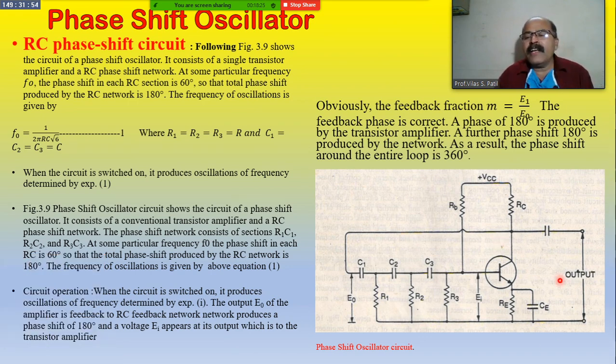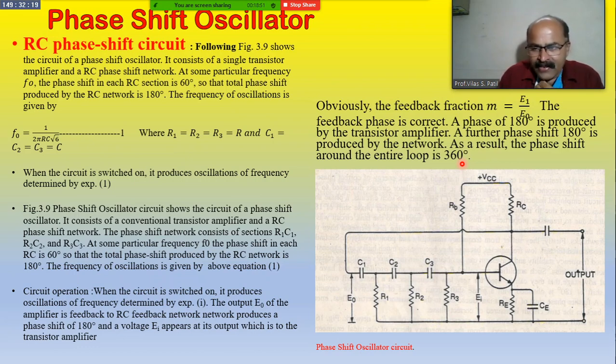This is the circuit diagram of the phase shift oscillator, and as the name suggests, the phase is shifted by the feedback network of this oscillator. That feedback network is the ladder circuit, which is a three-network RC circuit.